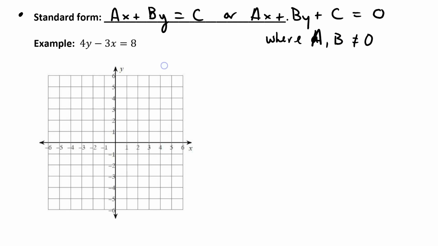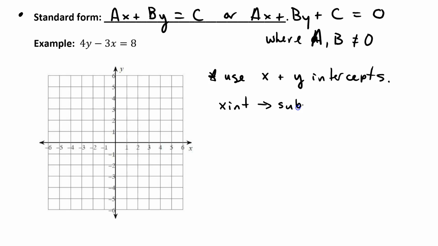So when we get this, we want to use x and y intercepts. So the x-intercept, sub y equals 0. So 4 times 0 minus 3x equals 8.